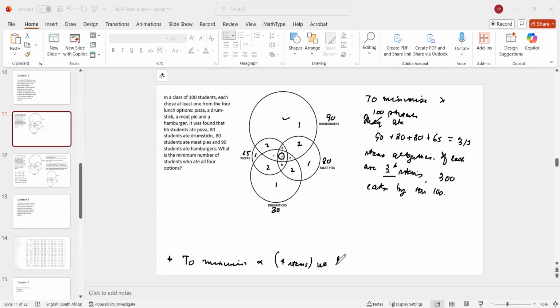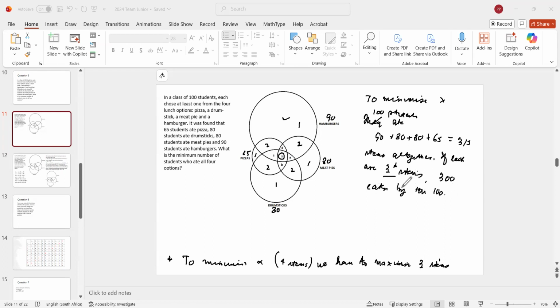We have to maximize 3 items. And you can maximize it by saying all the 100 students ate 3 items. So that will mean that they've eaten 300 altogether.